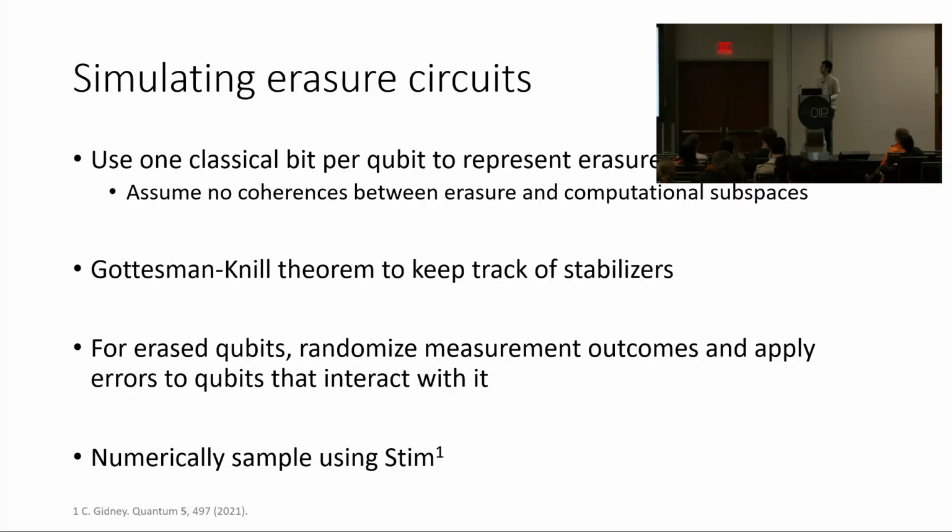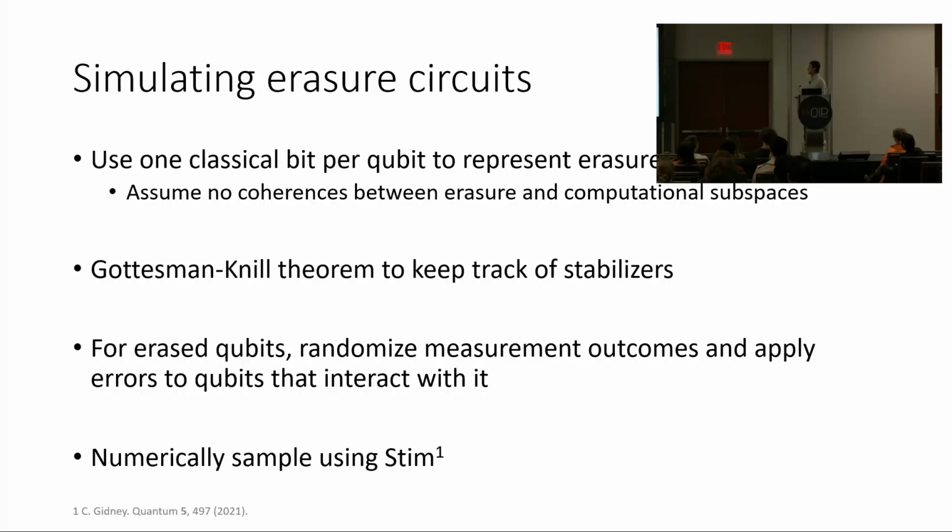Okay, so with this framework, we can talk about how to simulate these circuits. And what we need to do is use one classical bit per qubit to just keep track of the erasure information, whether or not you're erased. And this implicitly assumes that we cannot create a superposition between erased and computational states. Then we can just keep track of the stabilizers as we progress through the circuit.